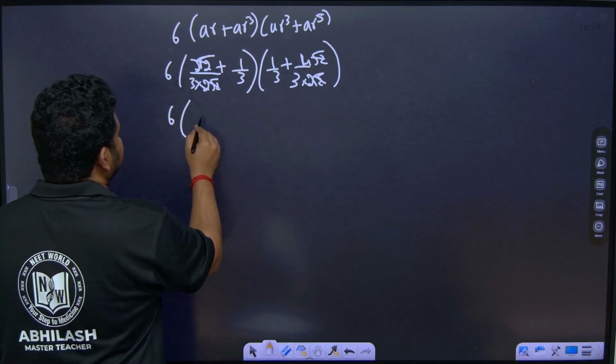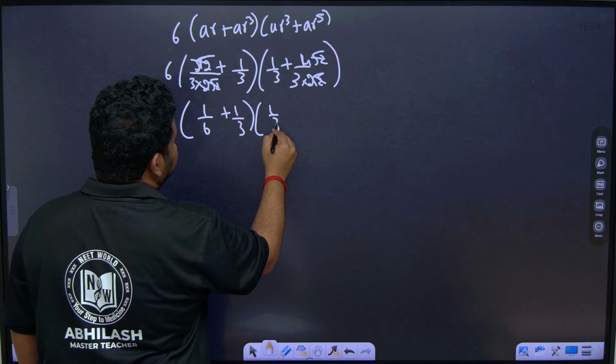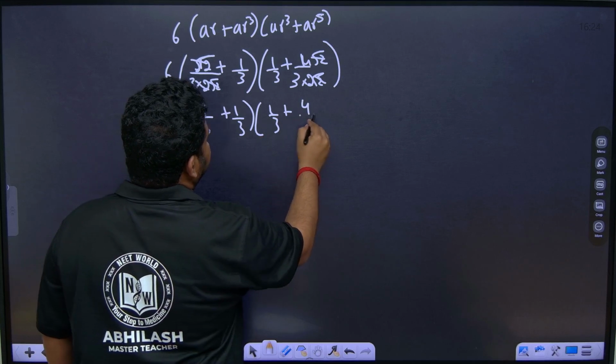I am left with 6 into 1 by 6 plus 1 by 3, into 1 by 3 plus 4 by 6.